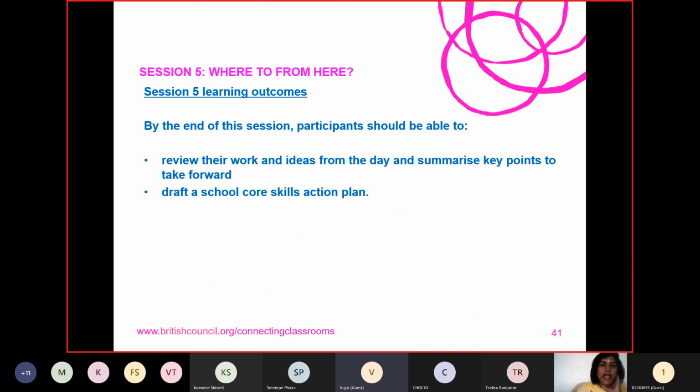In fact, the next part is where you actually take away from all the sessions: critical thinking, problem solving, creativity and imagination, communication and collaboration, digital literacy, citizenship, student leadership. From each of the sessions, what will you take and implement in your school?